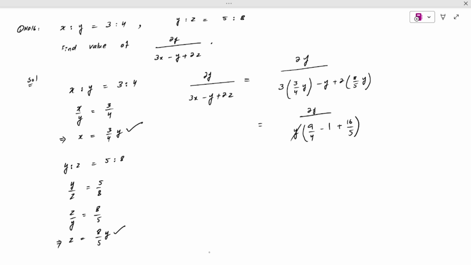We can cancel y and y. Now we are left with 2 over 9 over 4 minus 1 plus 16 over 5.